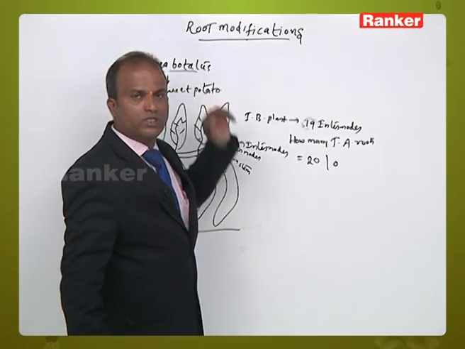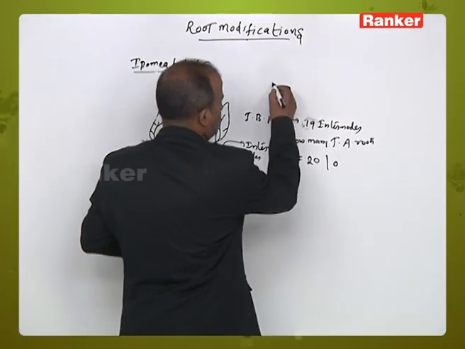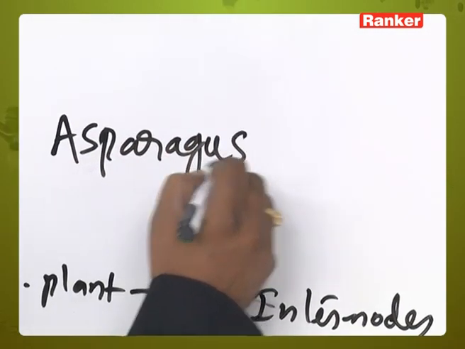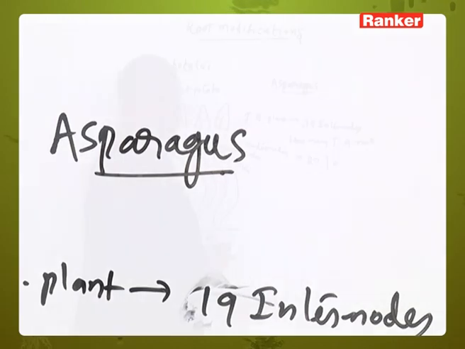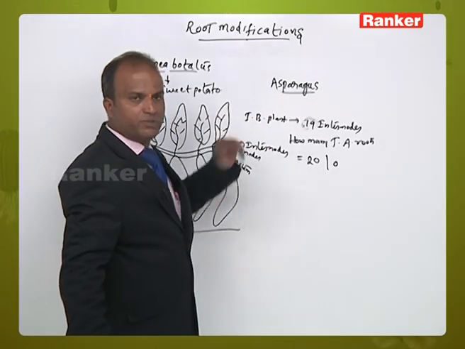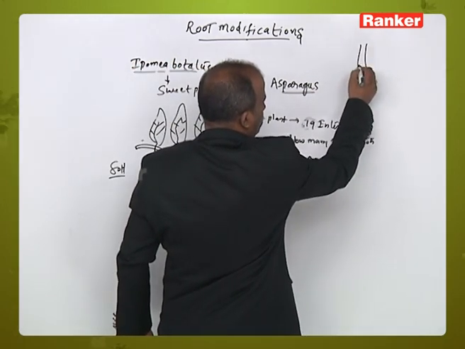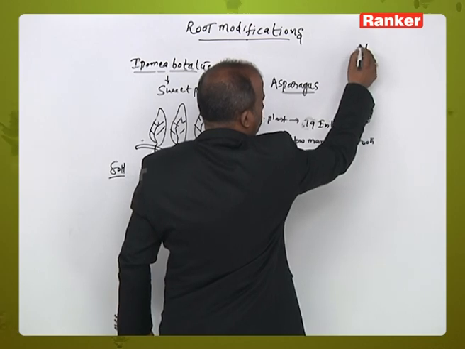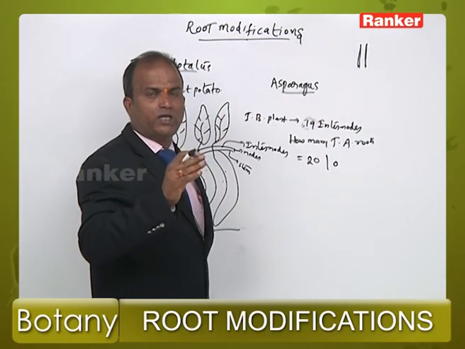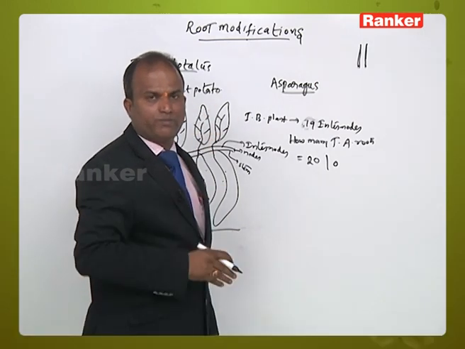This is about Ipomoea batatas. The next example is asparagus. In asparagus, from the basal portion of the stem, cluster or fasciculated tuberous fibrous roots can be seen.